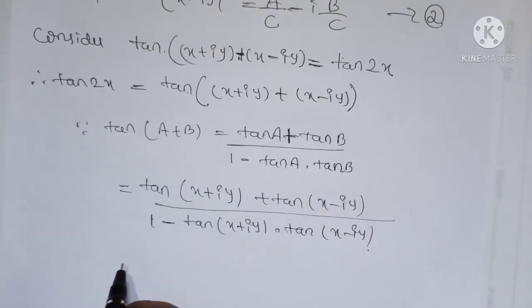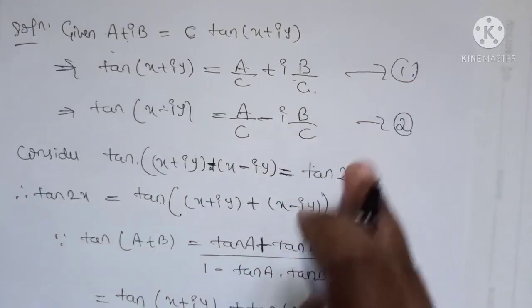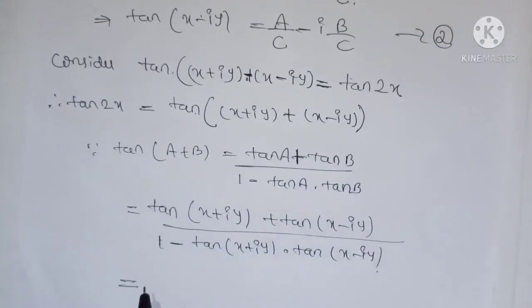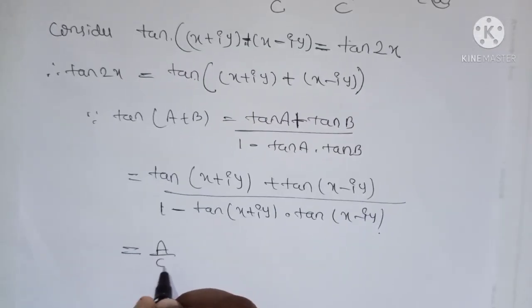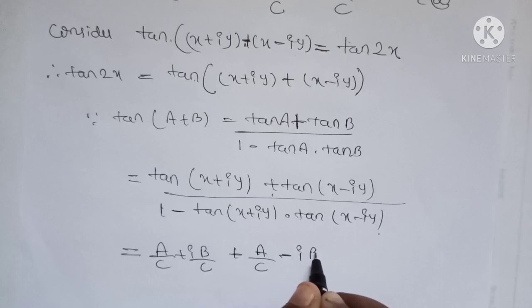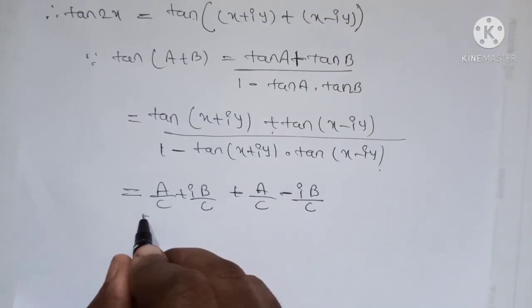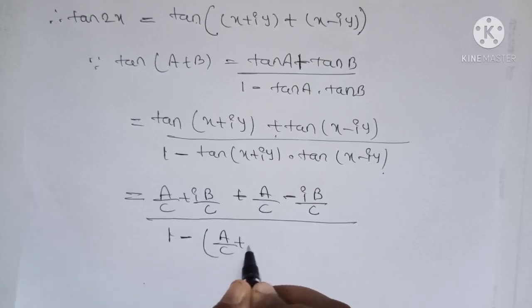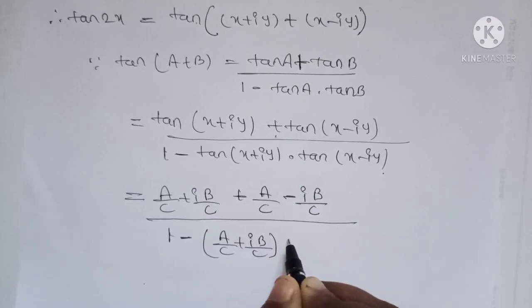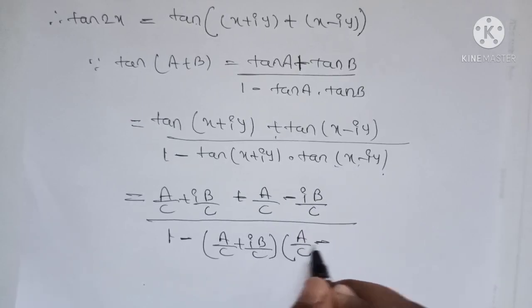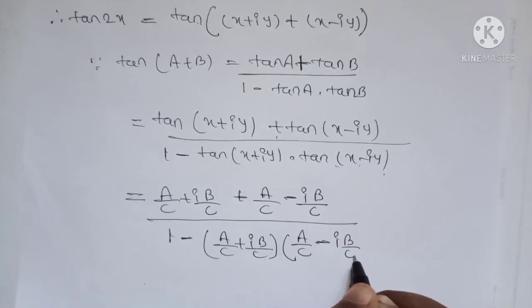From equation 1, tan(x + iy) is a/c + ib/c, so we get a/c + ib/c + a/c − ib/c in the numerator, denominator 1 − (a/c + ib/c) into tan(x − iy), which is (a/c − ib/c).